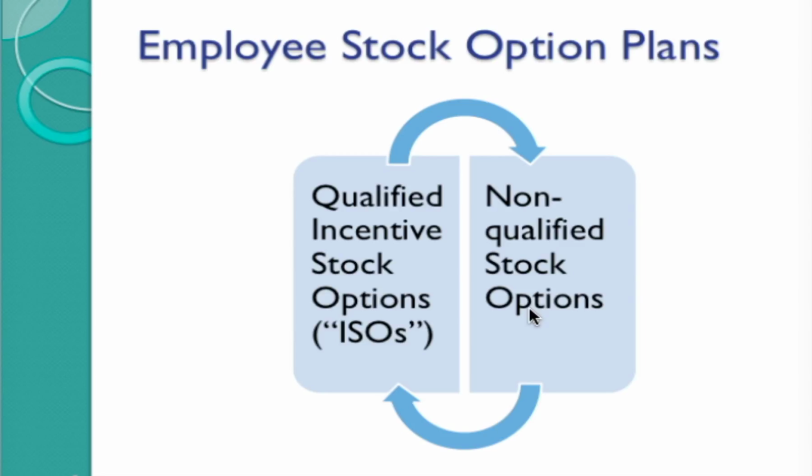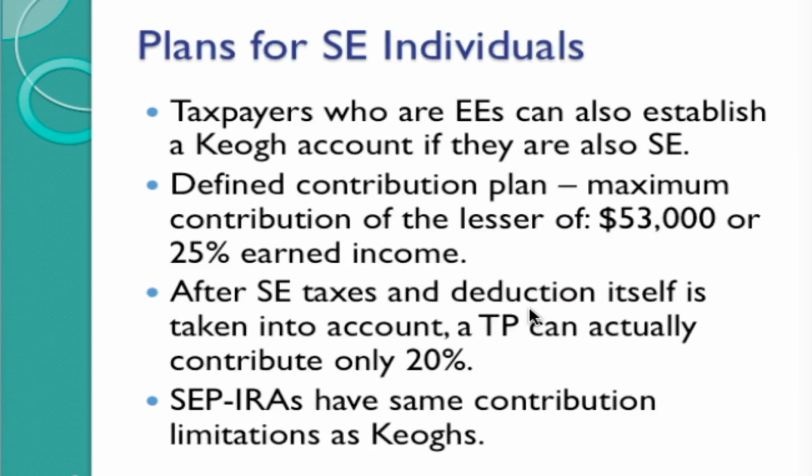I'm not going to talk too much about employee stock option plans. We'll just take a look at some of the self-employed individual plans here. What you'll see from a lot of these is the maximum contribution ends up being $53,000 currently, or 25% of earned income. So that's a similarity of a lot of these plans.